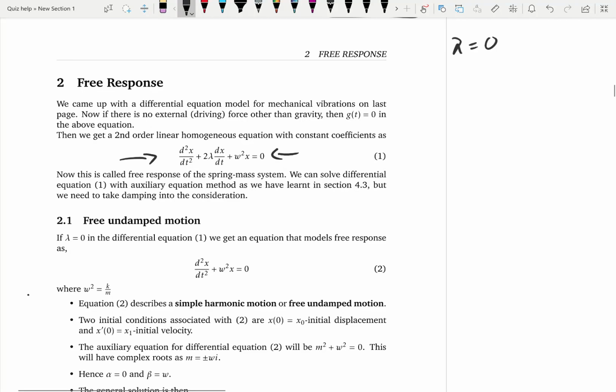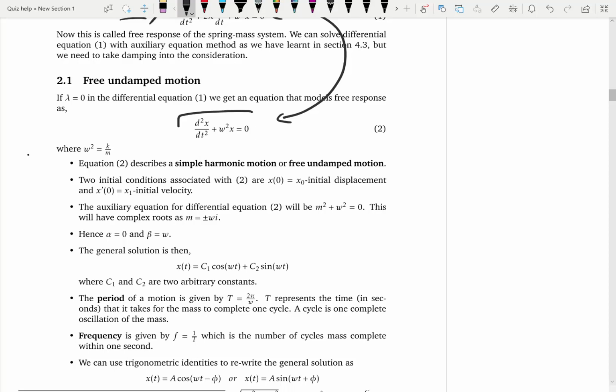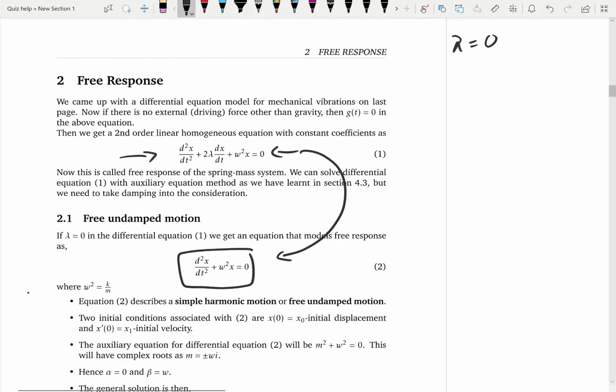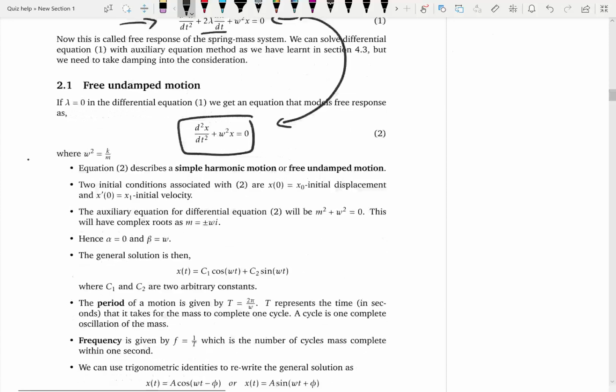If lambda is 0, then this differential equation can be rewritten in this simple manner, because lambda being 0 means the dx over dt term is going to vanish. So we get a simpler differential equation. This is the situation where there's no driving force and no damping, and this differential equation models it. We call it simple harmonic motion or free undamped motion.